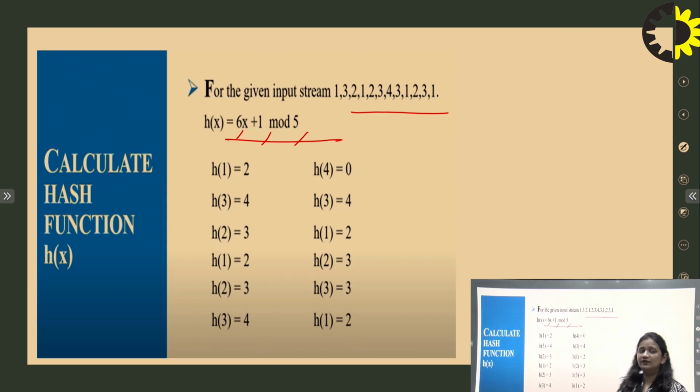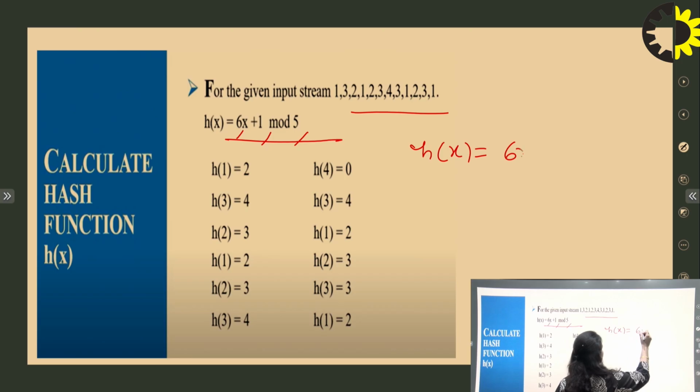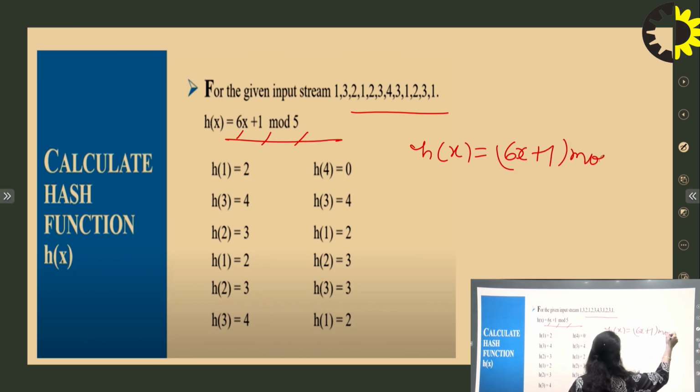So first we calculate the hash function according to that. What is the hash function? H of x is equal to 6x plus 1 mod 5. This is the hash function as given in the question.